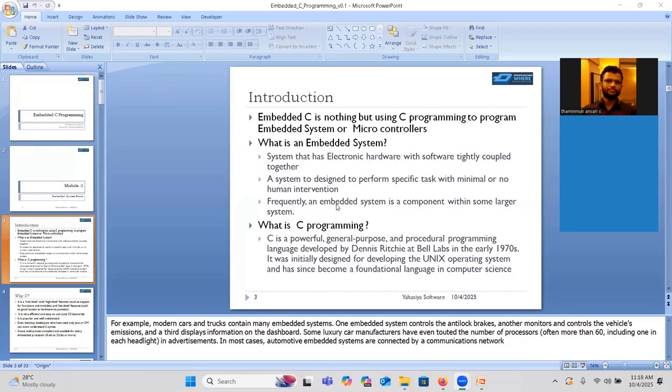The stepper motor will produce deflection movements according to that. That's how it works.